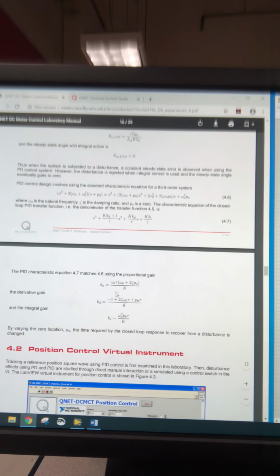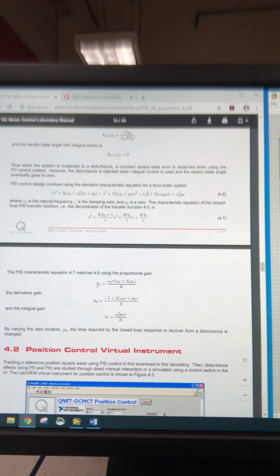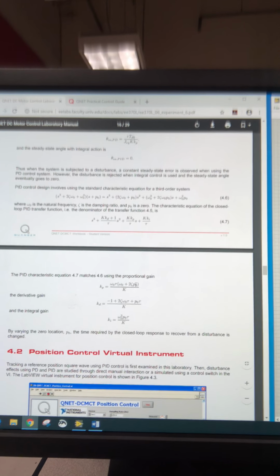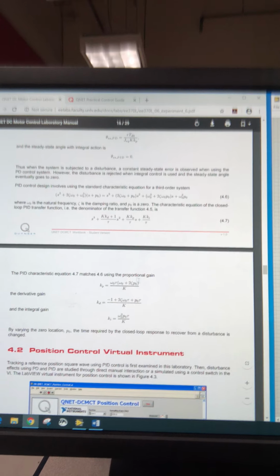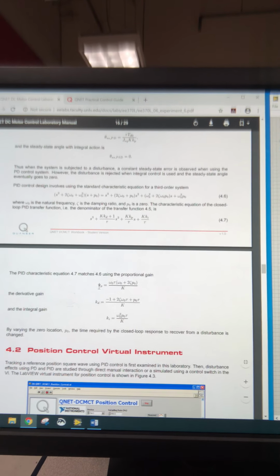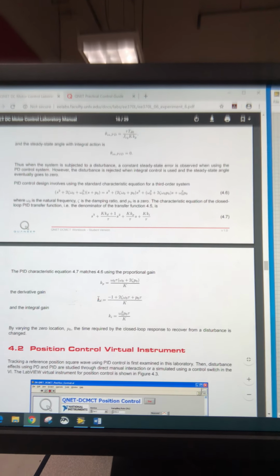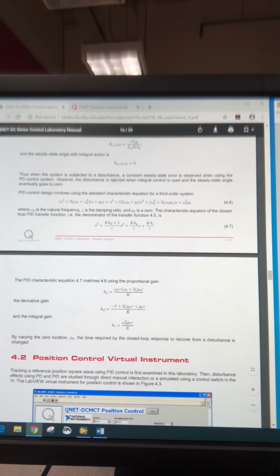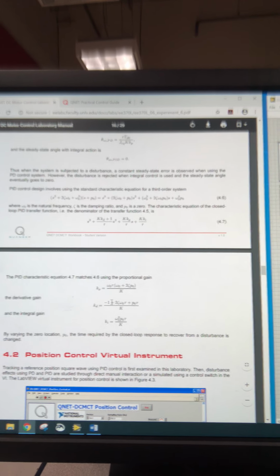If we increase zeta, we can see Kp will stay the same because zeta will multiply with P0, which is 0, to affect Kp. So Kp will stay the same if we increase zeta, and Kd will increase linearly if we increase zeta.